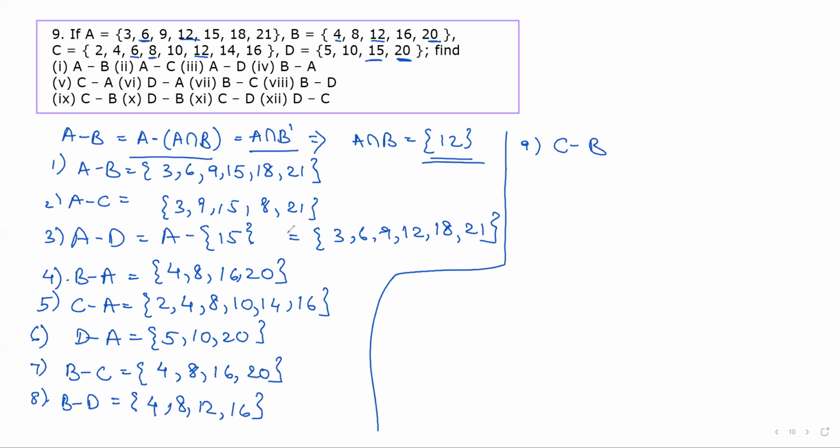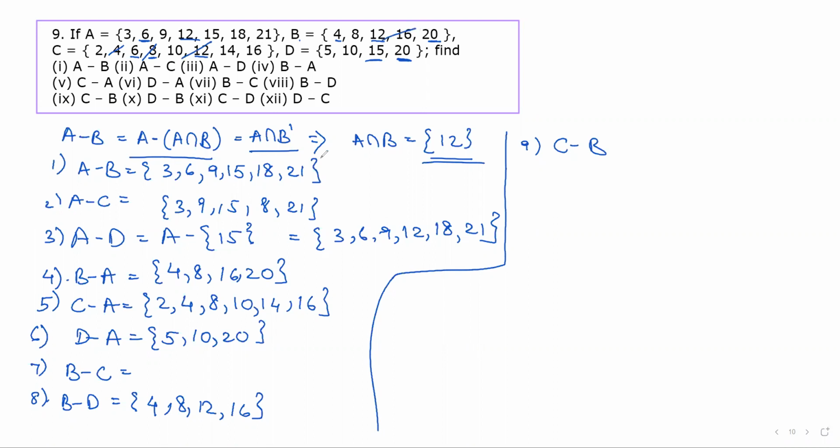Just give me a second. In the 7th question, let's resolve the 7th as well. B minus C. B and C. The common elements are, let's recheck, 4, 8, 12, 16.